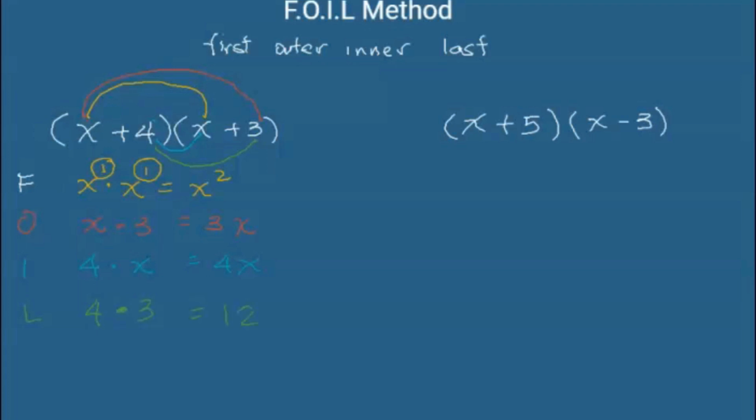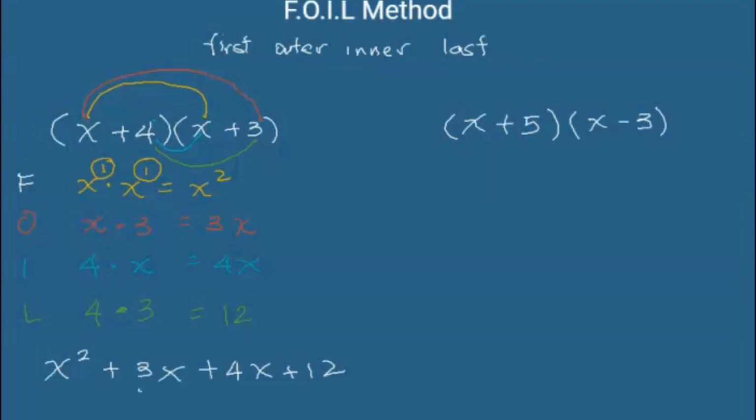And then we combine everything. So we have x squared plus 3x plus 4x plus 12.